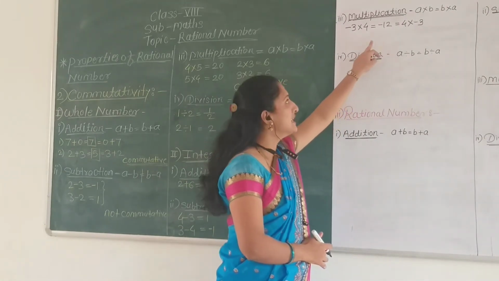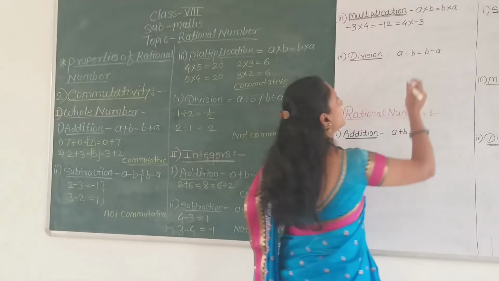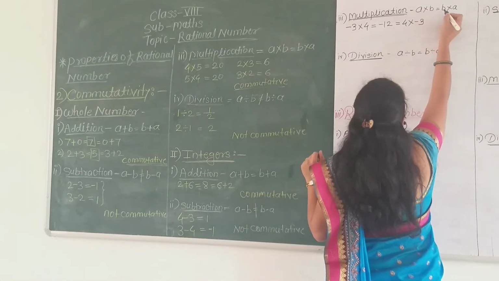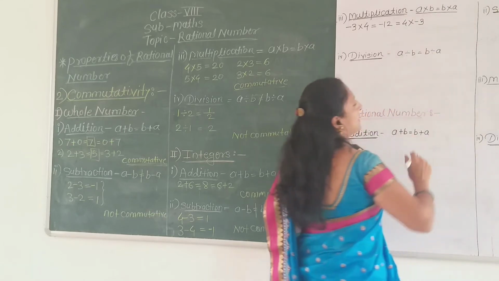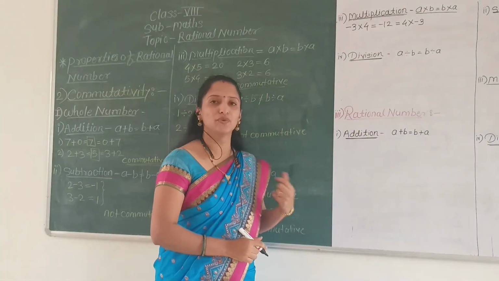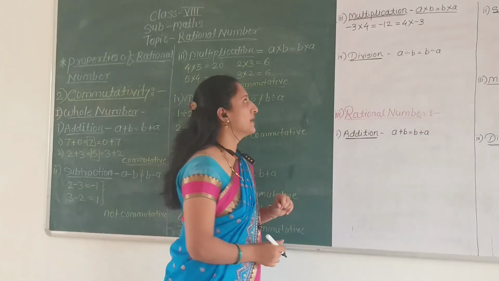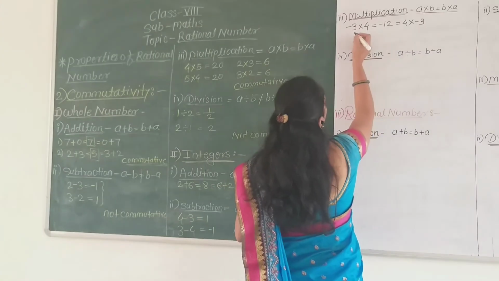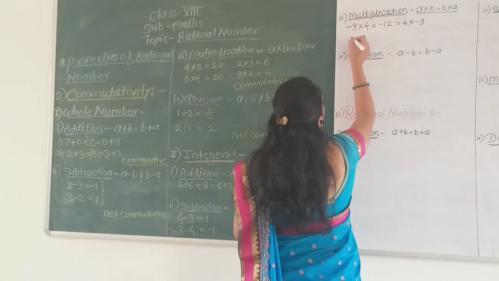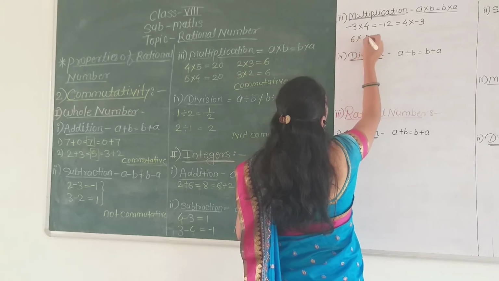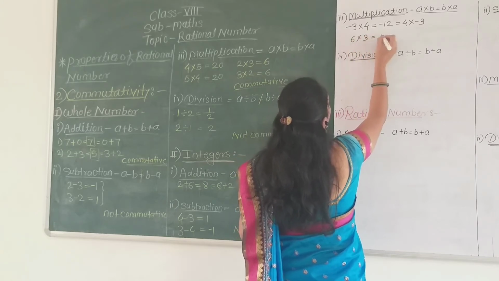That means in this case also we get A into B is equal to B into A. Okay, let us take one more example here. 6 into 3. Now 6 3s are 18.